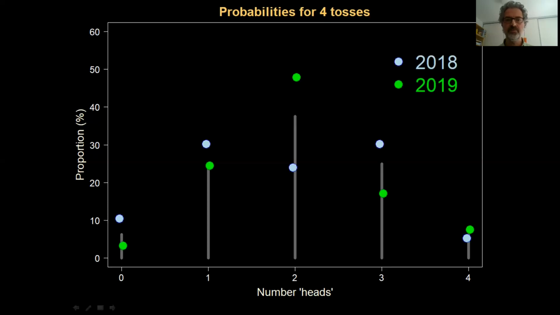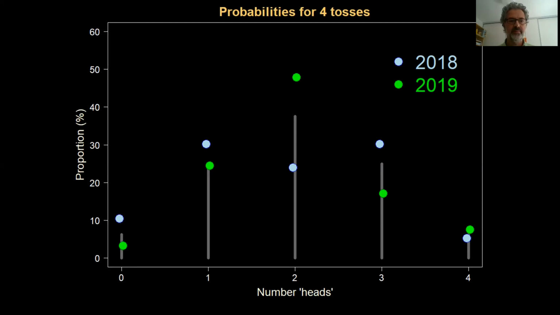And these are the actual numbers. This was observed in the class of 2018 and the class of 2019. So this is the proportion of students in class, as a percentage, who got all tails, 0 heads. Looks like about 11%.